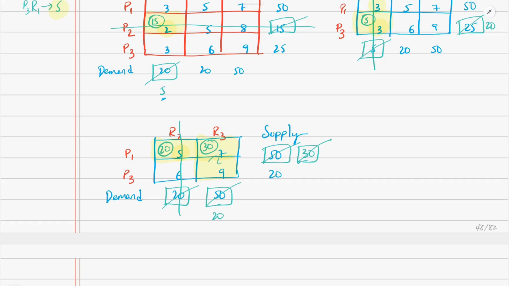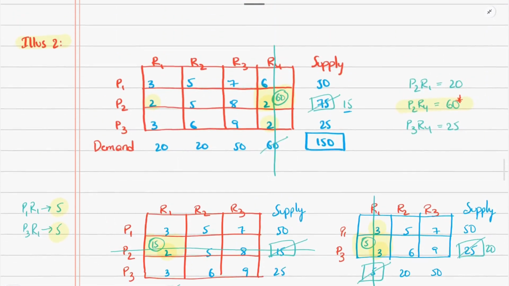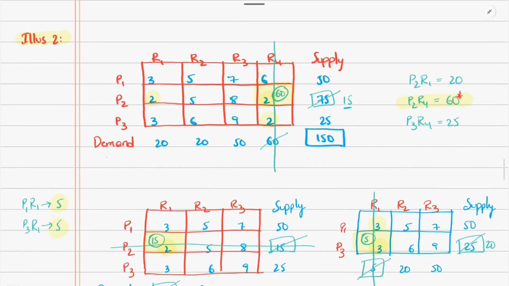So we will directly allocate 20 units from P3 to R3. Because of this allocation, what happened? The demand of R3 is satisfied, the supply of P3 is also satisfied. Let's draw one single table showing all the allocations, all right? I'll just copy this.